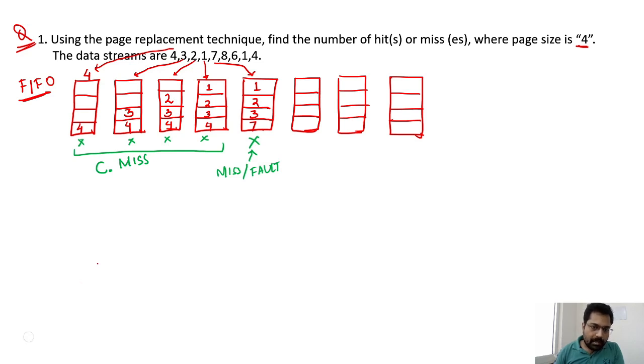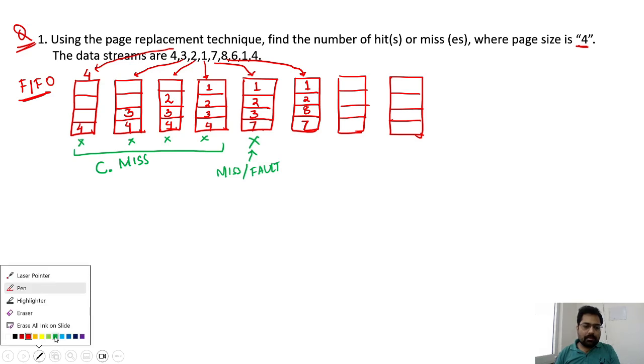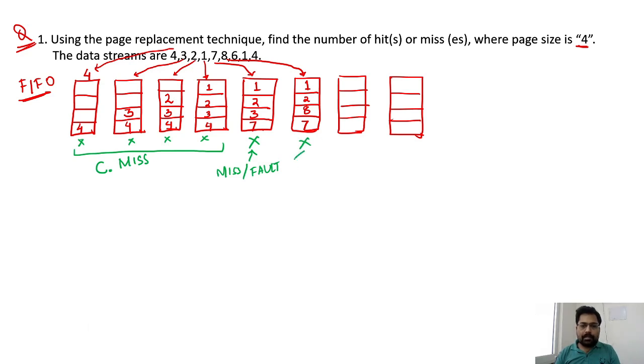Next, 8 is being asked, and whether it is there or not. No, it is not there. So 7 is replaced, because the one which came first will be replaced. Again we can say there is a miss. Clear? Next data it is asking is 6. Whether 6 is there or not.